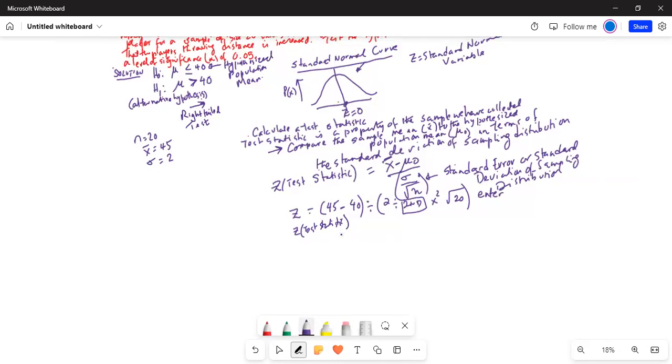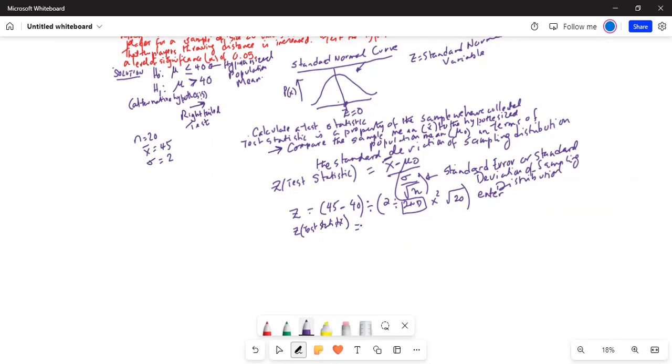So Z is equal to, we'll calculate just the way we have typed it in our screen. Use the calculator. Here it is.